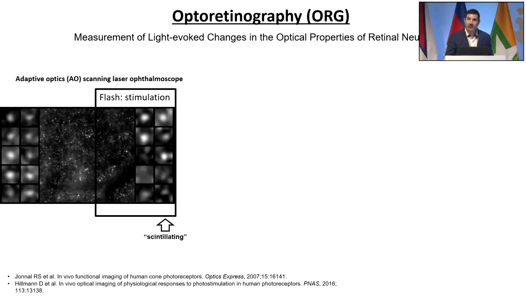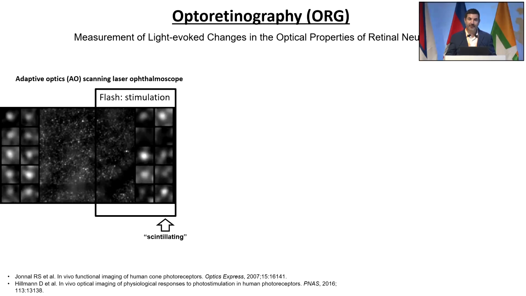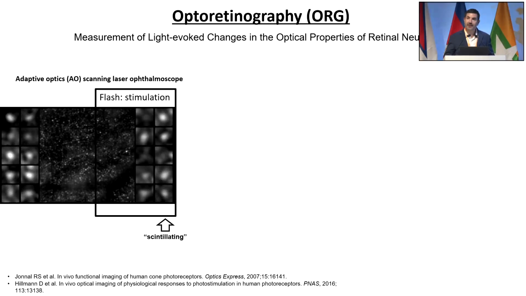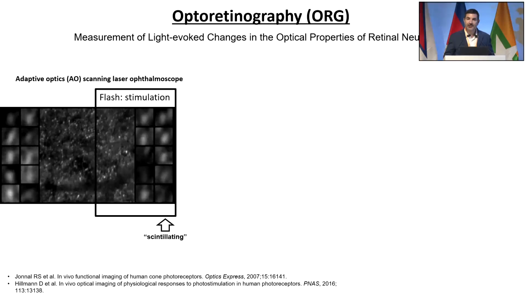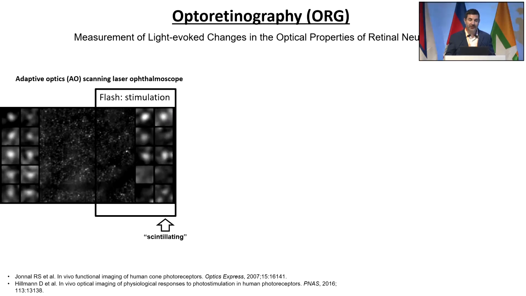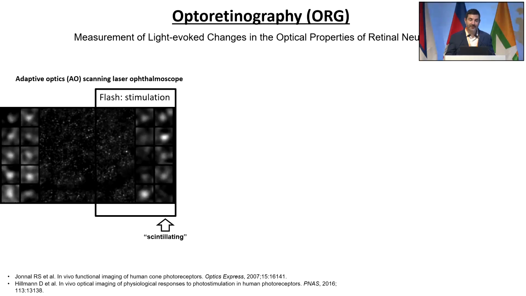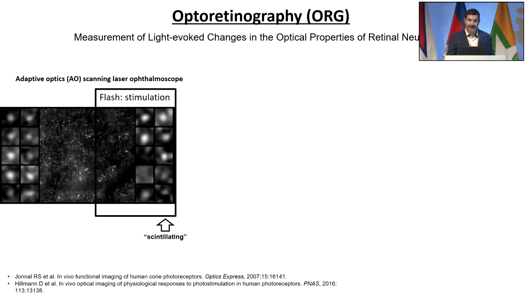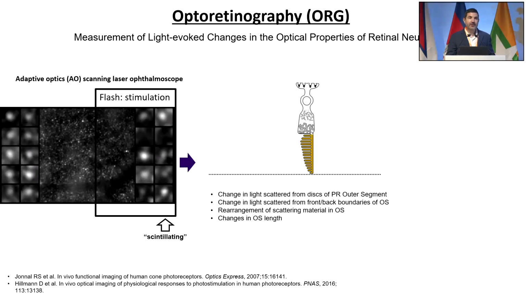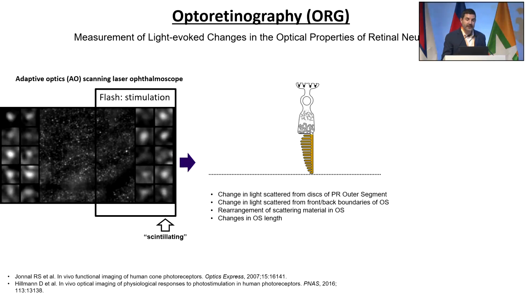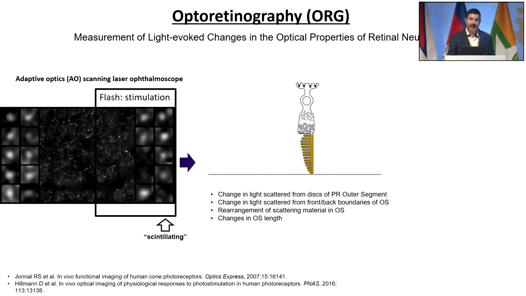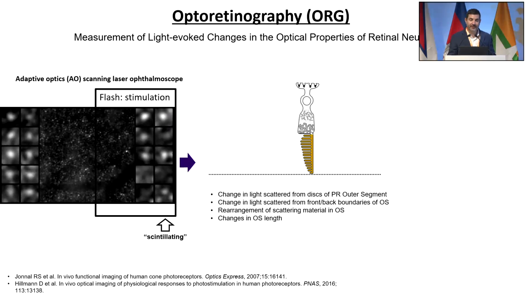So if we look at individual photoreceptors using adaptive optics, you can see that there's a change in the reflectance when they're exposed to light. On the right-hand side, you can see these individual photoreceptors scintillating. And this results from a very interesting phenomenon that happens when light strikes the photoreceptor.